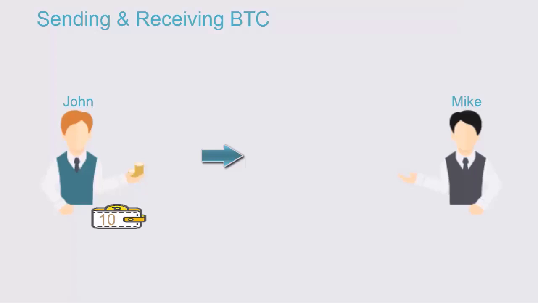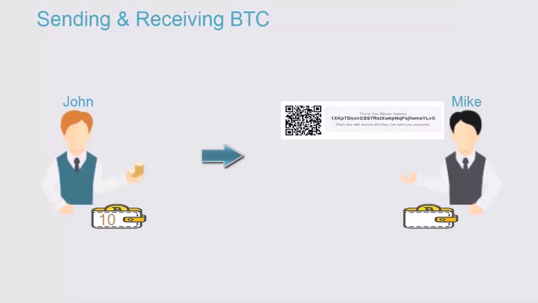Now, the question is, how can Mike receive his 2 Bitcoins from John? So, in order for Mike to receive 2 Bitcoins, he also needs to have a wallet of his own and needs to provide John with his Bitcoin address. He can share his Bitcoin address with whomever he wants, because that Bitcoin address is simply for receiving money.